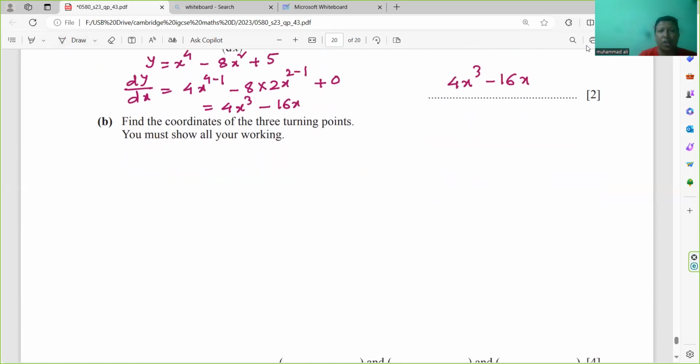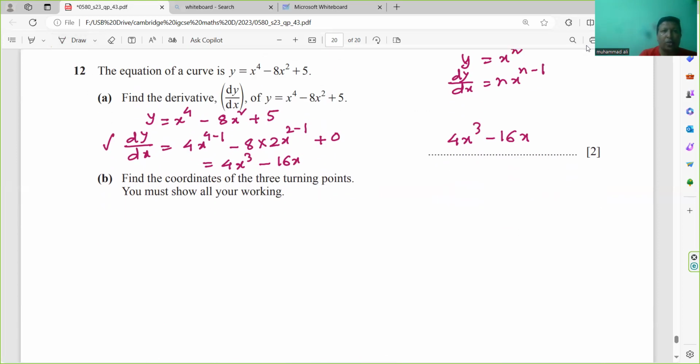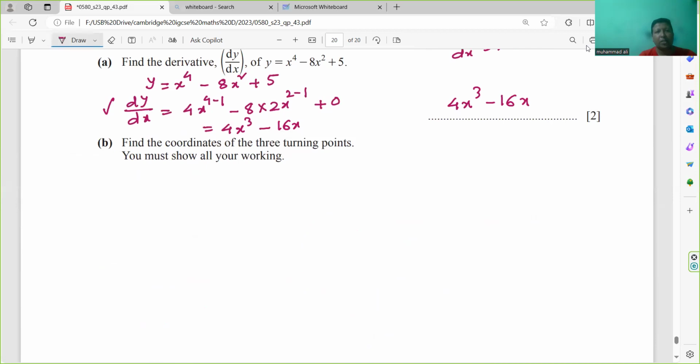Now find the coordinates of the 3 turning points. You must show all your work. One thing you have to remember, turning points means where the maximum point or minimum point is, and here definitely the gradient dy by dx equals 0. So as we get that differentiation dy by dx, for turning points we have to write dy by dx equals 0.